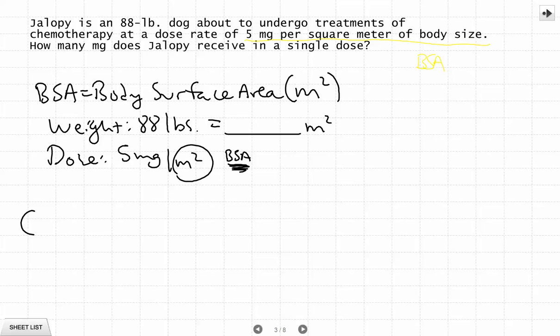So for canines, there is a different formula for each species. The body surface area is calculated using the following formula.